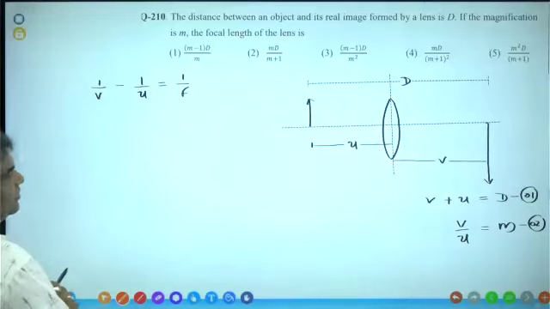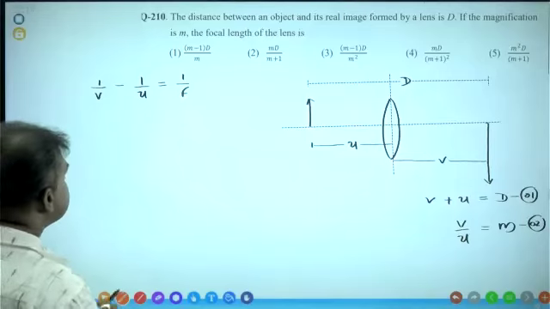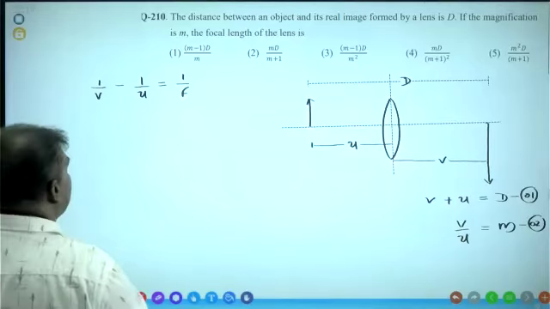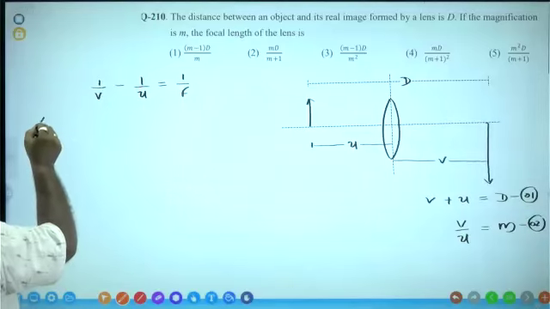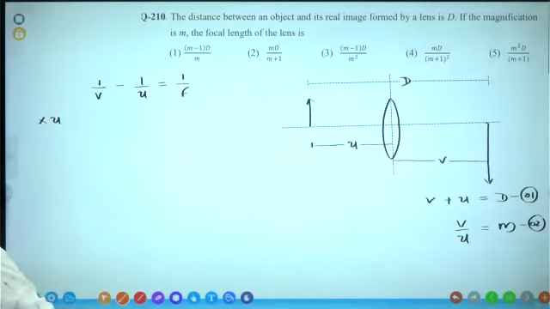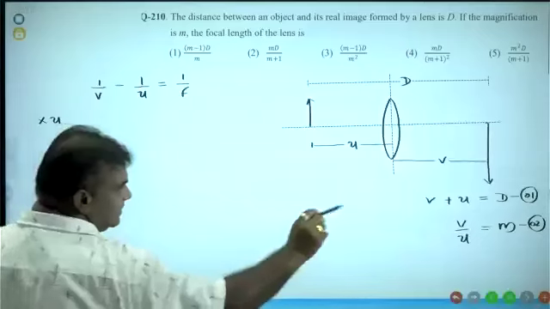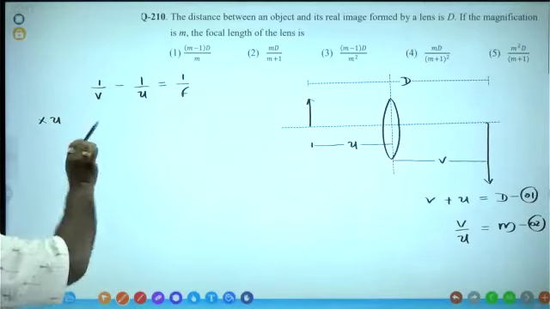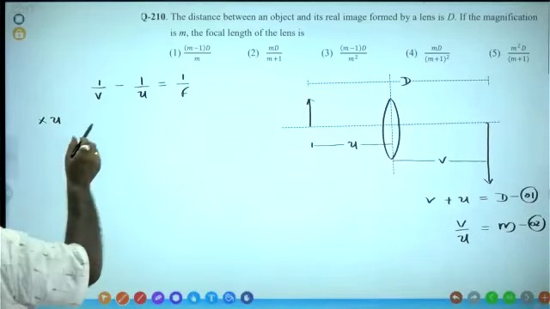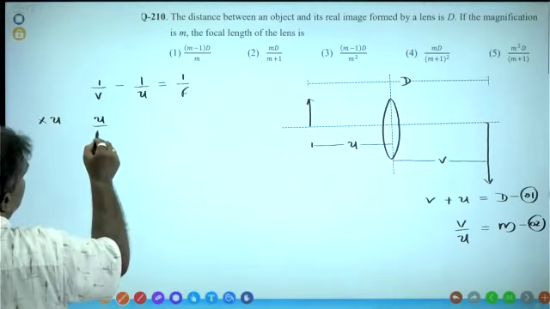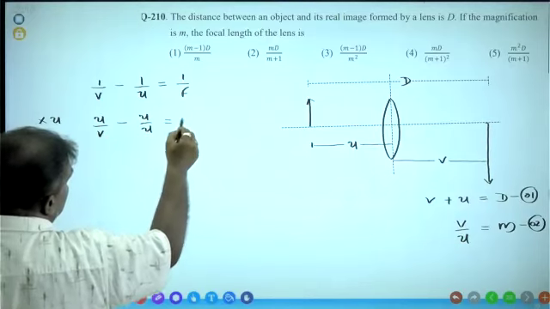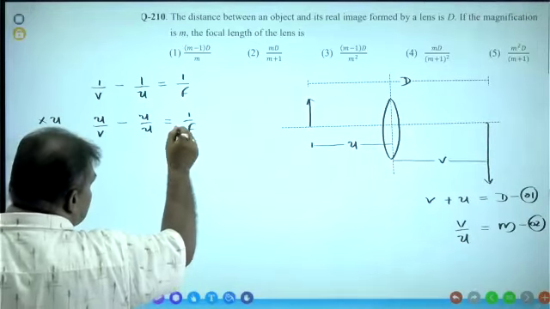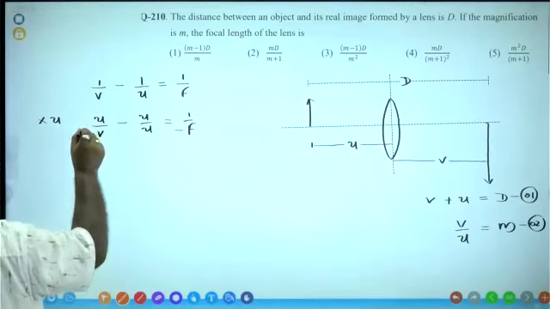The lens formula is used. When we use this equation, multiply the whole thing by U, right? U over V minus U over U equals U over F. Then the sign convention should be applied.